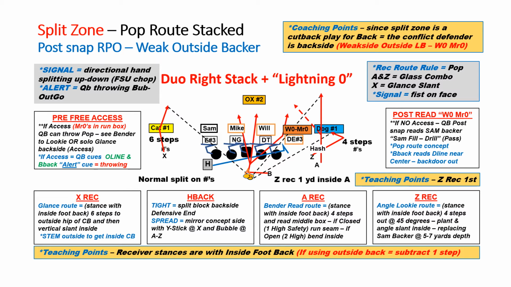The idea is the timing and the space where the Z would get the lookie pass should be relatively the same. Once the Z goes, the A is going to go behind him, rub right off of it, running his normal bender read route on the safety. X on the backside stays with his normal wide split, and we've got our glance route there.